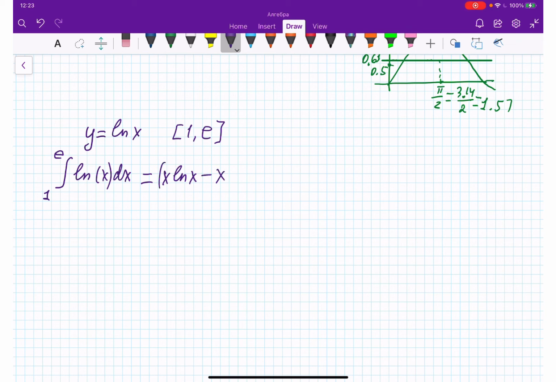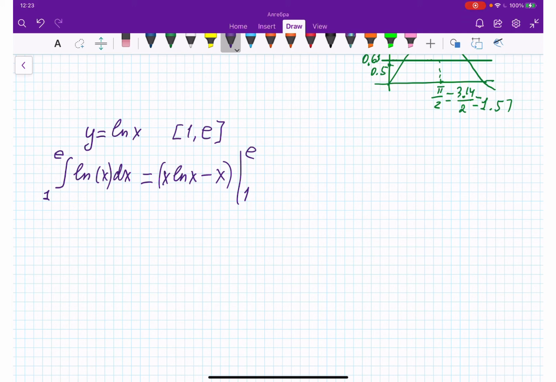Whoever doesn't know or remember how to do method of substitution, open my videos with method of substitution, and I believe you will find something very similar or exactly maybe logarithm x also, and it will be easy for you to figure it out.